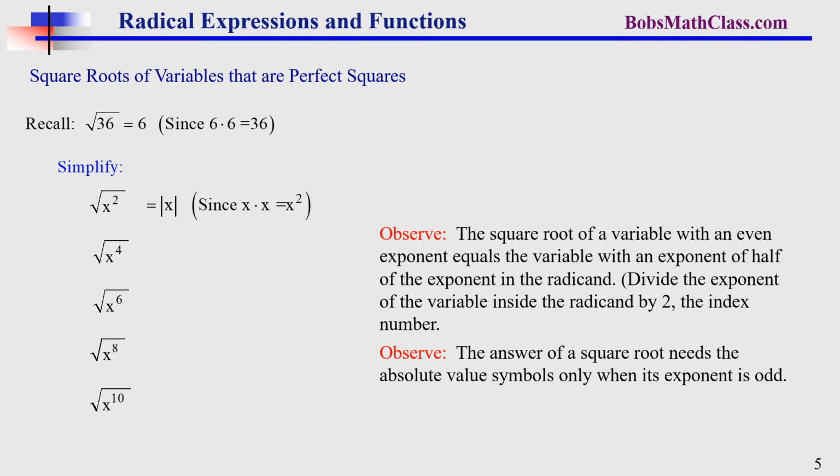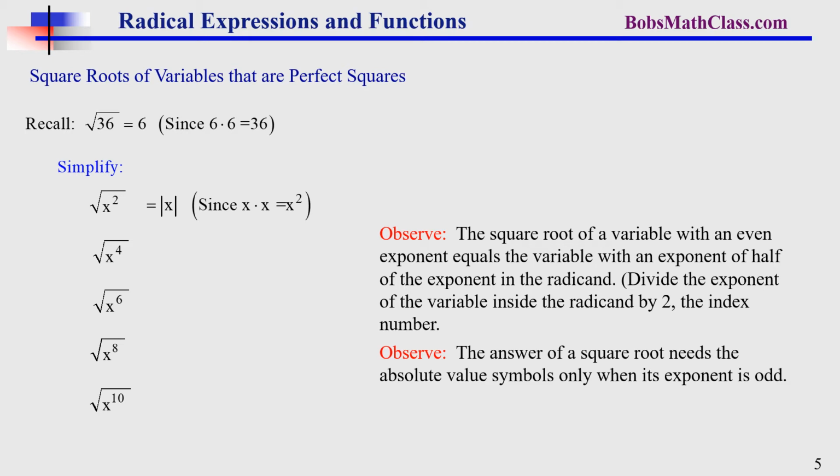Remember that we talked about the principal square root. The principal square root of 36 is 6, not negative 6. Even though negative 6 multiplied by negative 6 is still positive 36, we only want the principal square root. We want the answer to come out positive. So because we don't know if x is positive, we have to put an absolute value sign around it.